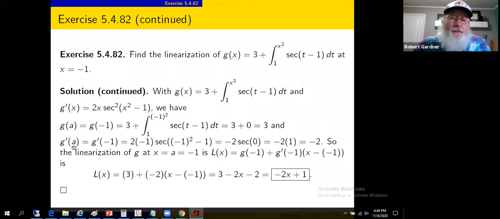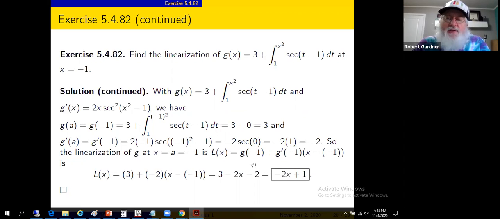G prime, we had that here, so we'll plug in x equals -1, a equals -1. We'll get 2 times -1, secant squared of (-1) squared minus 1. That's -2 secant 0. Secant of 0 is 1. Secant's 1 over cosine. So we get a -2 out for that value. Then the linearization is g of a plus g prime of a times x minus a.